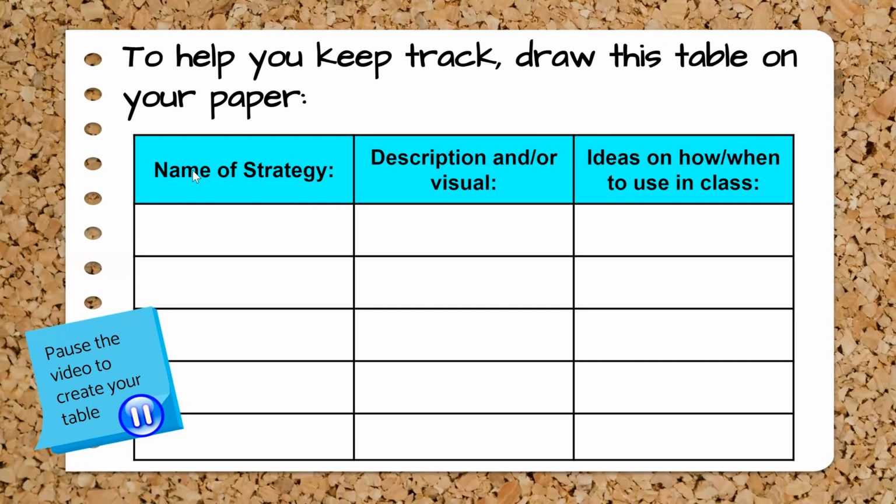We're going to include the name of the strategy, a description and/or a visual representation of the strategy, and then finally, ideas on how or when to use this strategy in class. This is just going to help you keep track and take notes of the next 5 strategies in a visual graphic organizer type way. Pause the video now while you create your graphic organizer on your paper.